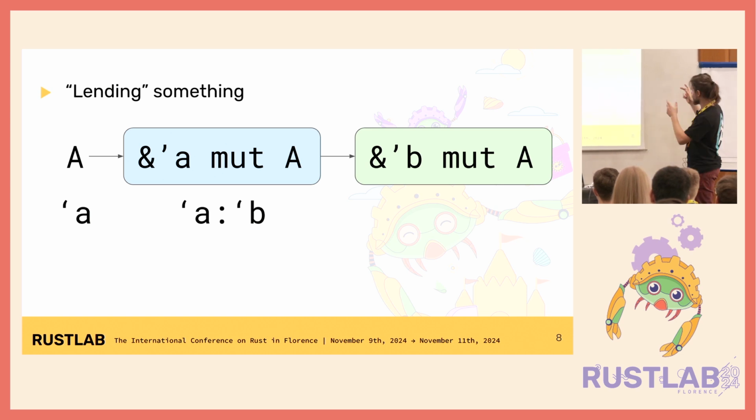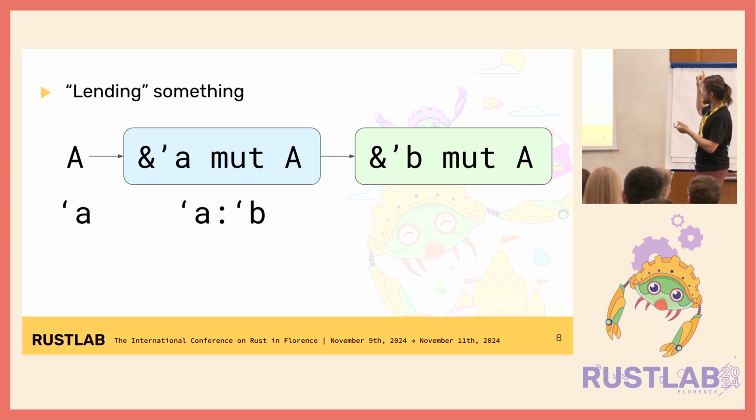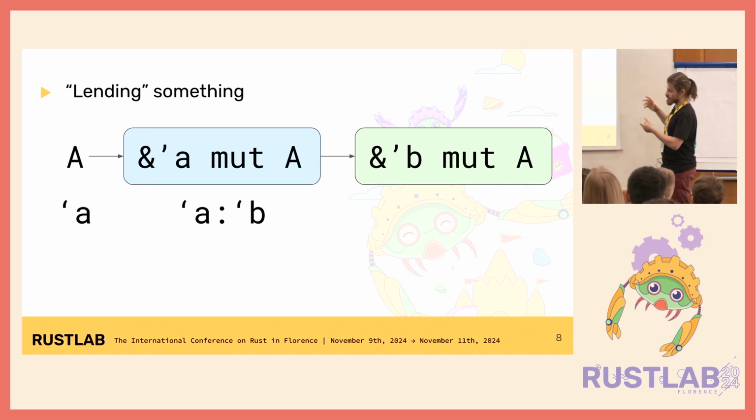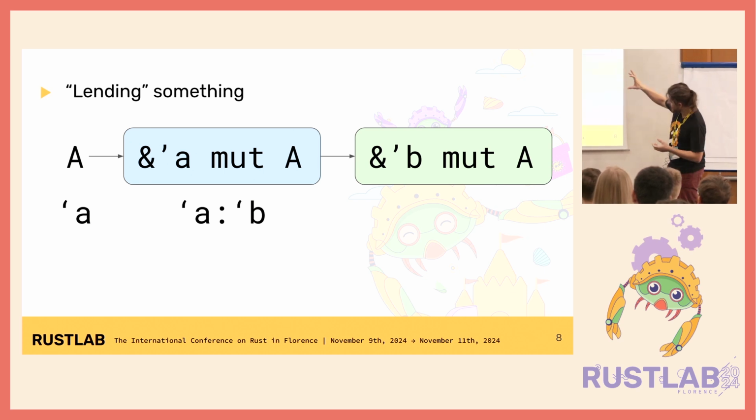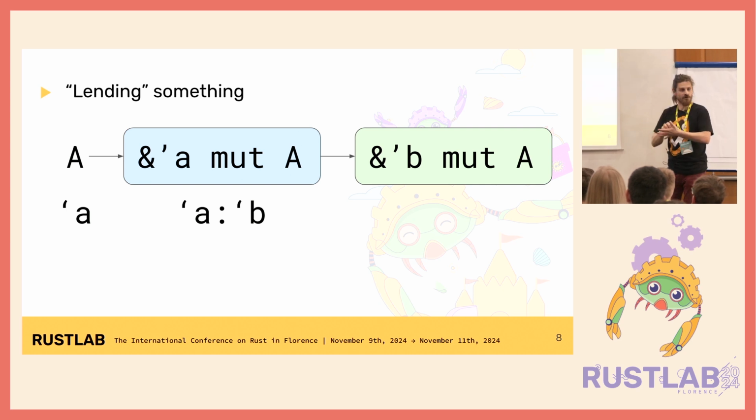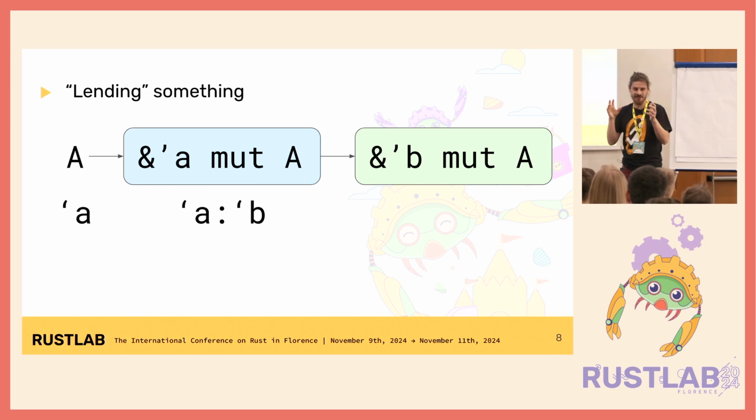And the interesting thing is that the green rectangle is not actually borrowed from the blue rectangle. It's lent because there's a borrowing of the mutable reference inside the blue rectangle, but it's inside. So it's kind of a smart pointer, but it's not really a smart pointer. It's just something that is being lent to the user.